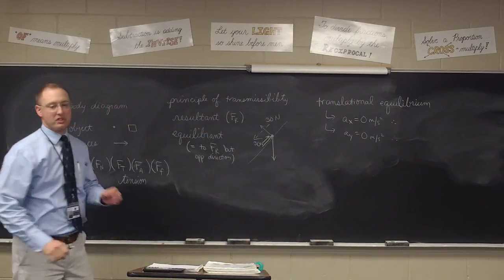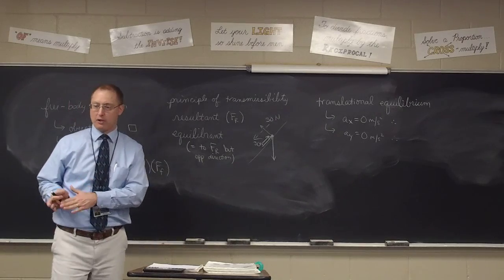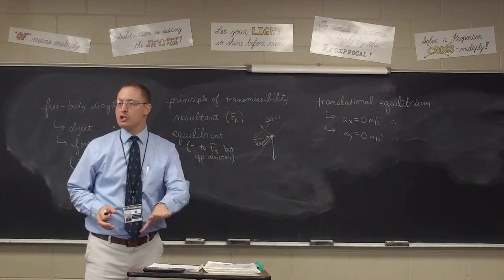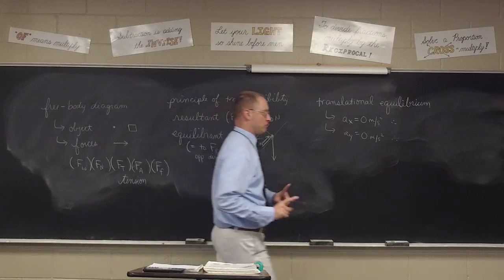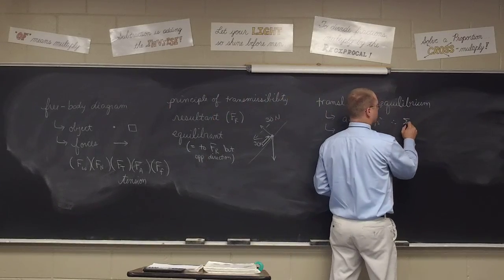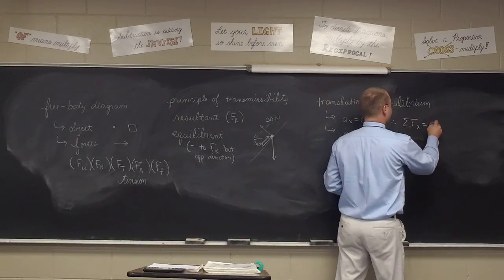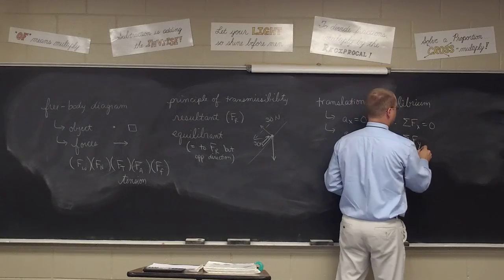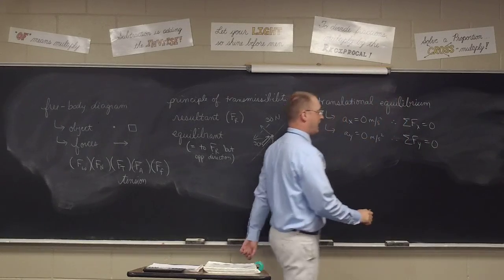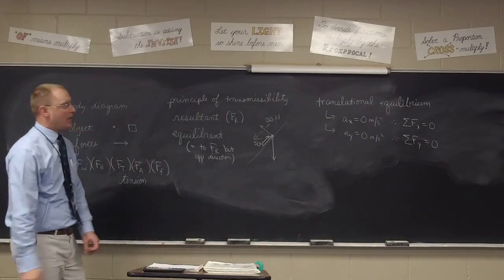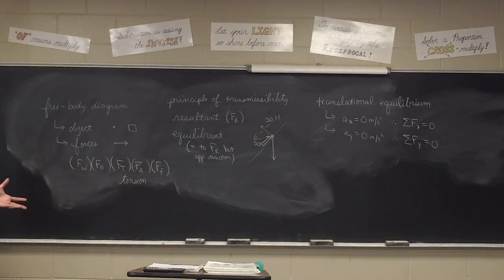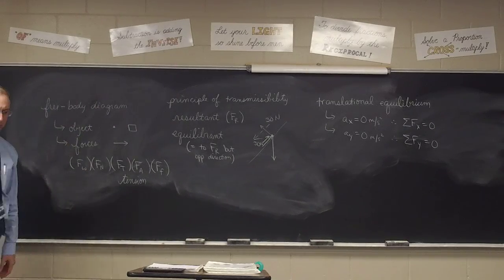Now, how do you have zero acceleration? Remember, if F equals ma, for acceleration to be zero, the force must be zero, or the resultant force, or the sum of the forces in the x, and the sum of the forces in the y must be zero. Basically, everything cancels out.